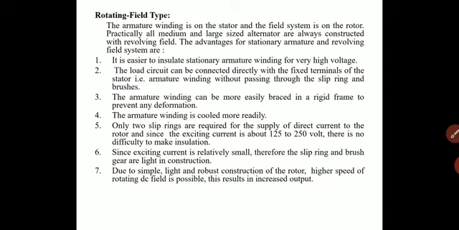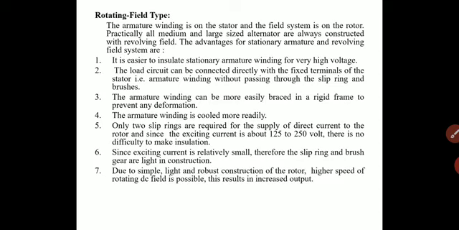See, the first advantage is that if the armature is on the stator, it is easy to insulate the stationary armature winding for very high voltage, because if we construct an alternator of power rating 100 kVA or 400 kVA like this, a big size of slip rings and brushes is required.